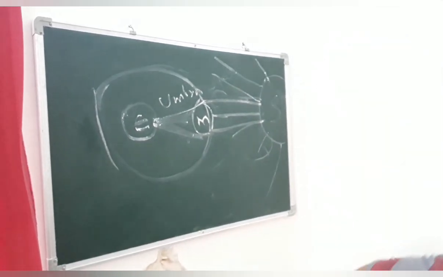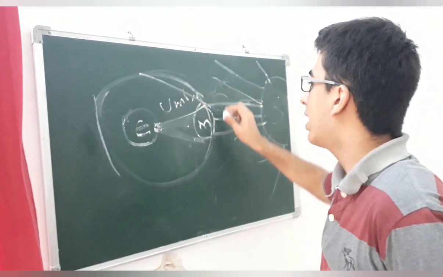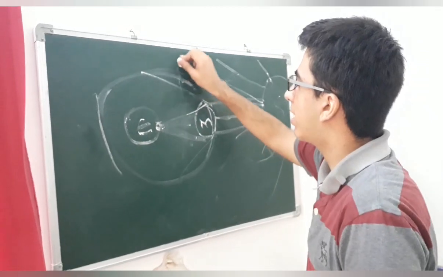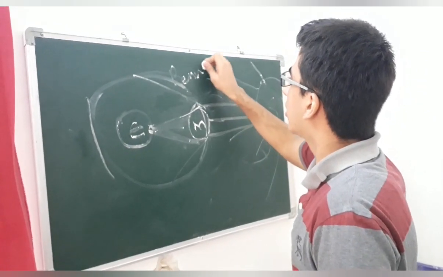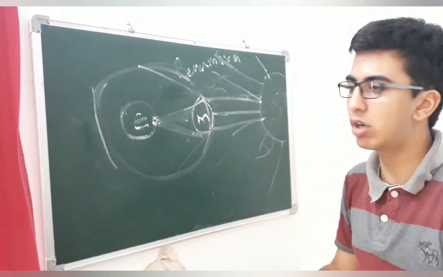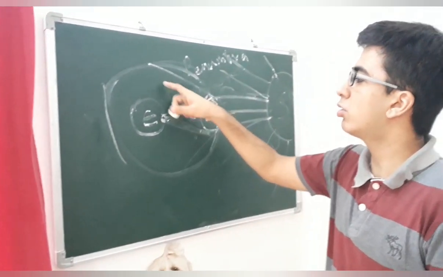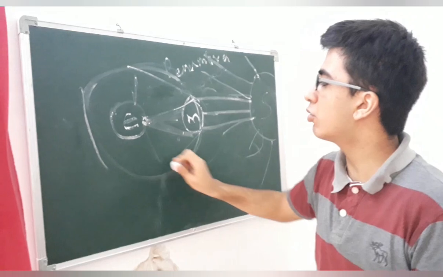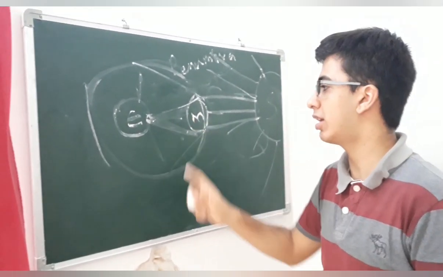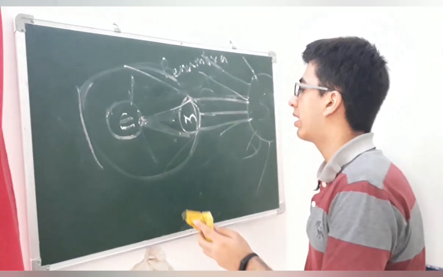The second part over here is spread out, so it's a larger shadow but not totally dark. This is known as the penumbra. In this entire region you can see the solar eclipse only partially, and over here you can see it totally. This point is the total part.